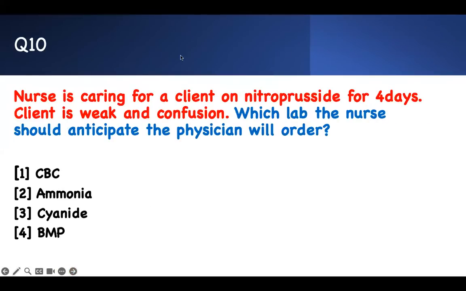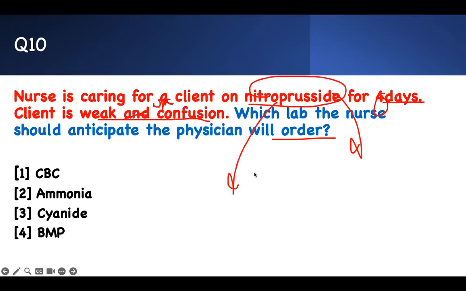And the last one, number 10. A nurse is caring for a client on nitroprusside for 4 days. Client is weak and with confusion. Which lab should the nurse anticipate the physician will order? Think about it. Nitroprusside, 4 days. Client is now weak and has confusion. Which lab would you order? I told you in the pharmacology, this nitroprusside, we only give it for 3 days, and we use it for hypertensive urgency.